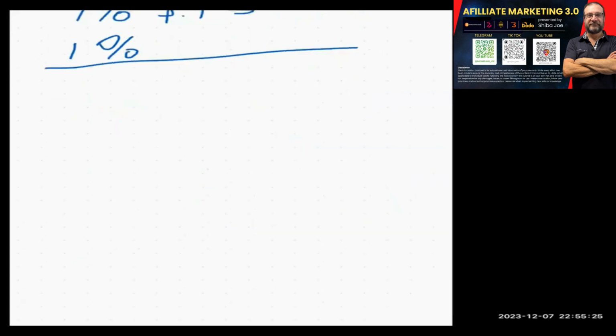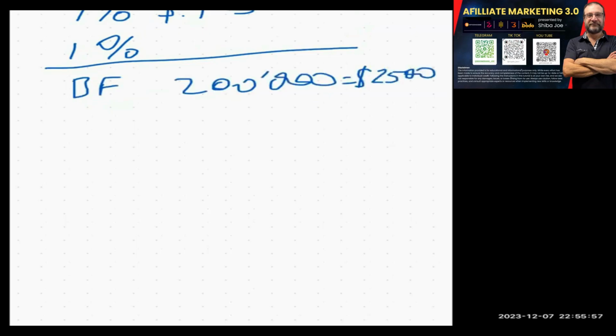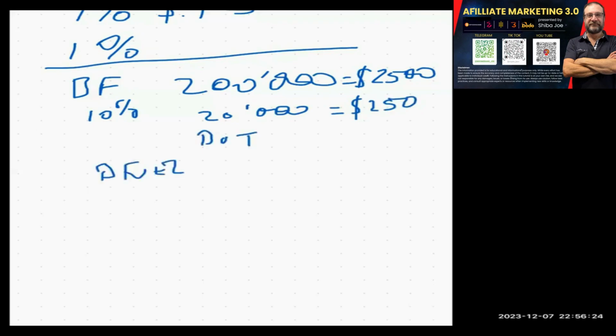If you look at the dollar amount of this, let me give you another example. It's the same thing. If your Bfuel is 200,000, that equals 2,500, and 10% of that is 250. But if you forget and your Bfuel goes up to 2 million, now you're looking at 25,000.